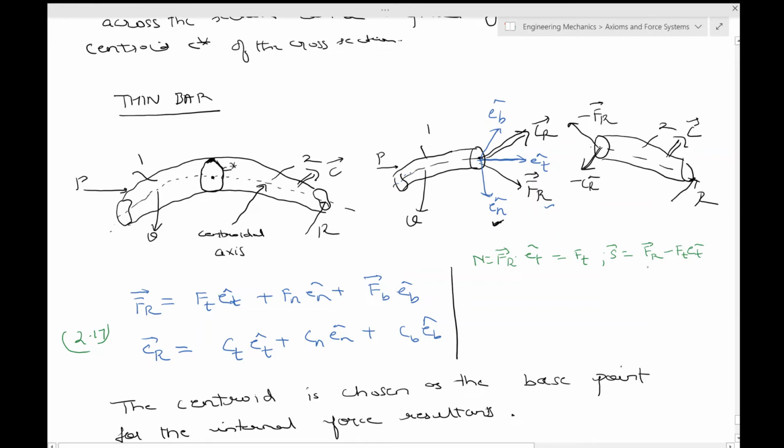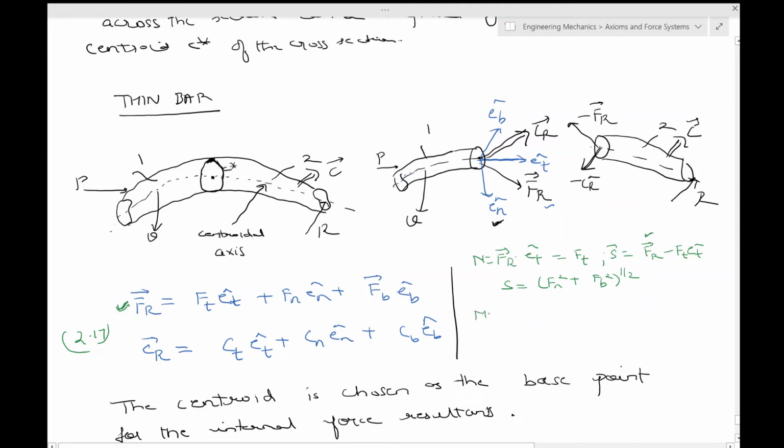So you can write FR as this and just find the value of S over here. So the magnitude of the shear force would be Fn square plus Fb square to the power 1 by 2. So this would come in if you just substitute this FR from over here. This is something which will come out.